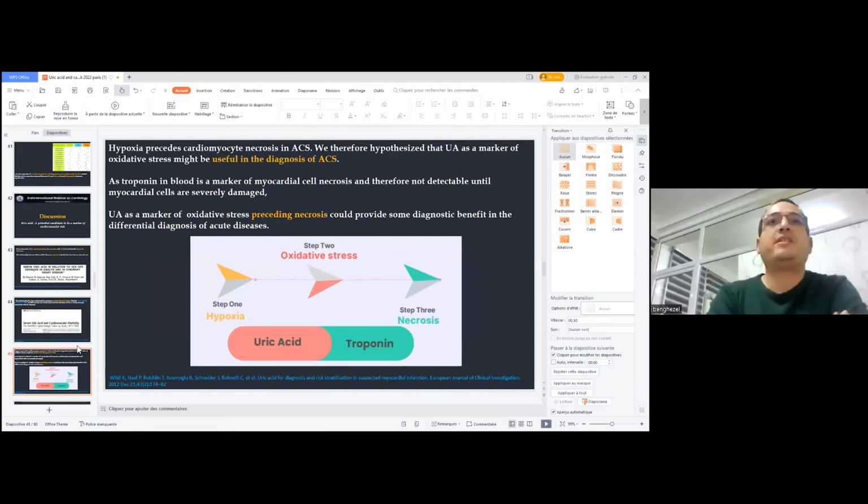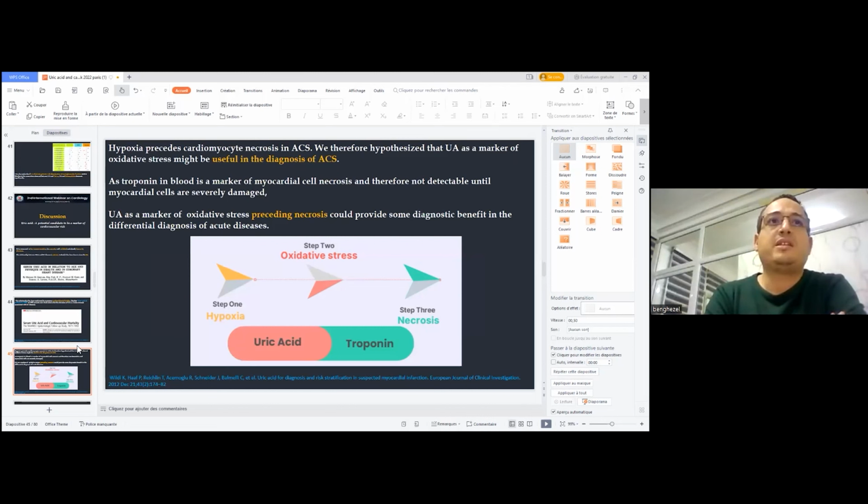Given hypoxia and cardiomyocyte necrosis in ACS, we therefore hypothesized that uric acid as a marker of oxidative stress may be useful in the diagnosis of ACS, as troponin in blood is a marker of myocardial cell necrosis and therefore non-detectable until myocardial cells are severely damaged.